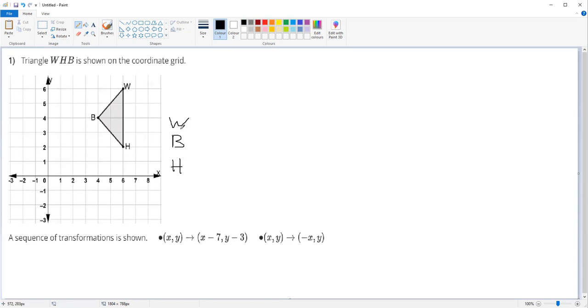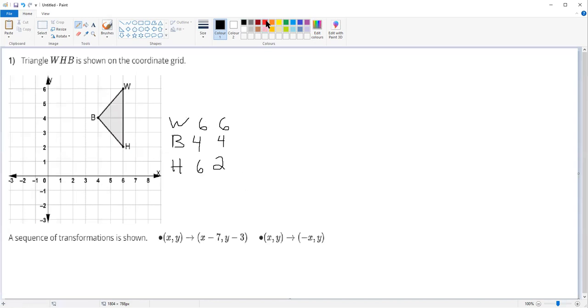Pull out my X values, 6 and 6 for W and H, and then 4 for B. My Y values: W is 6, B is 4, and H is 2. So those are my values for X and Y.